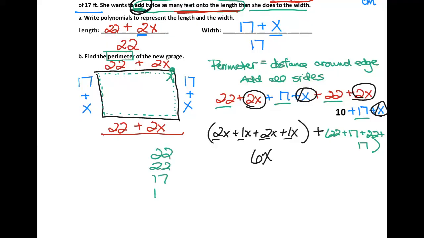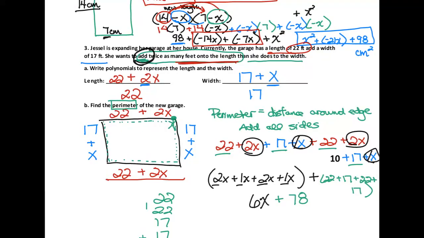And 17 and 17 is 34. 44 and 34 is 78. Check my math. Anybody check it? So my perimeter is 6x plus 78.